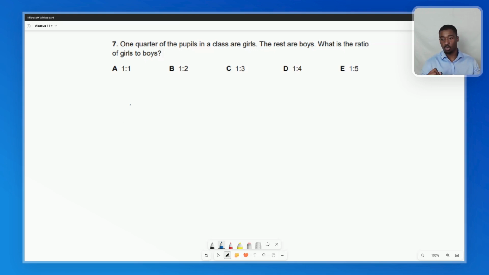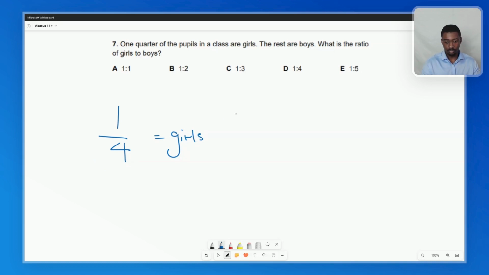fractions. We're told 1/4 of the pupils in a class are girls, the rest are boys. What is the ratio of girls to boys? So, if we know that 1/4 of the pupils are girls, that means 1/4 are girls. That's what a quarter is, 1/4.